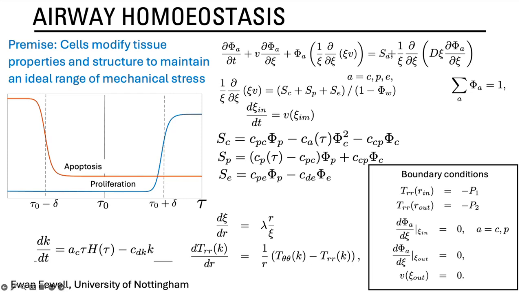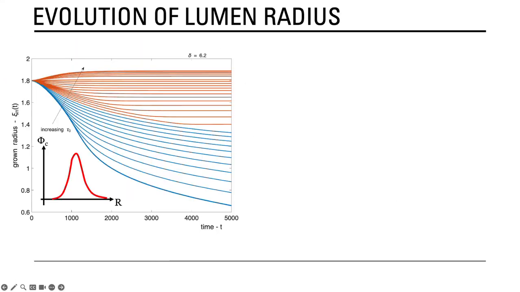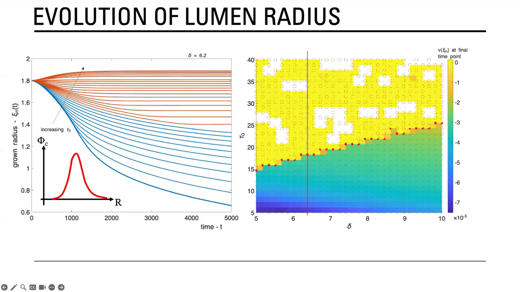Tau naught is the mean stress, and delta represents the preferred stress window. So for some fixed value of delta and increasing tau naught, we see this sort of behavior. So what we see here is that we get to a steady state for those orange curves, but not for the blue curves. And indeed, if you keep running those blue curves longer, we don't reach a steady state. And we can plot those.